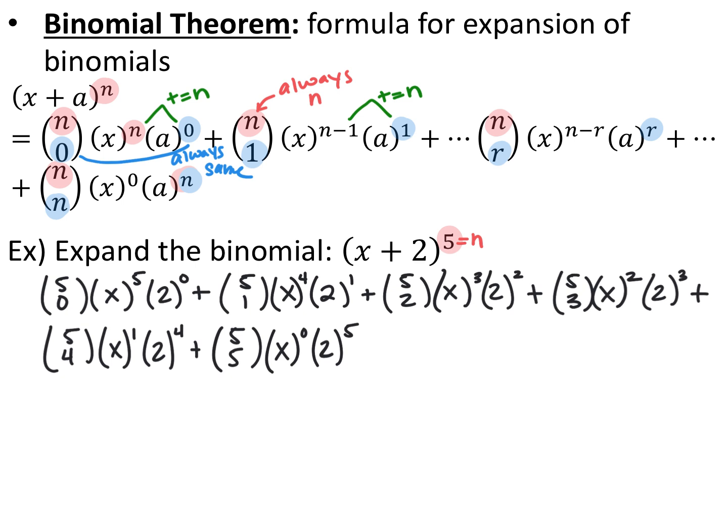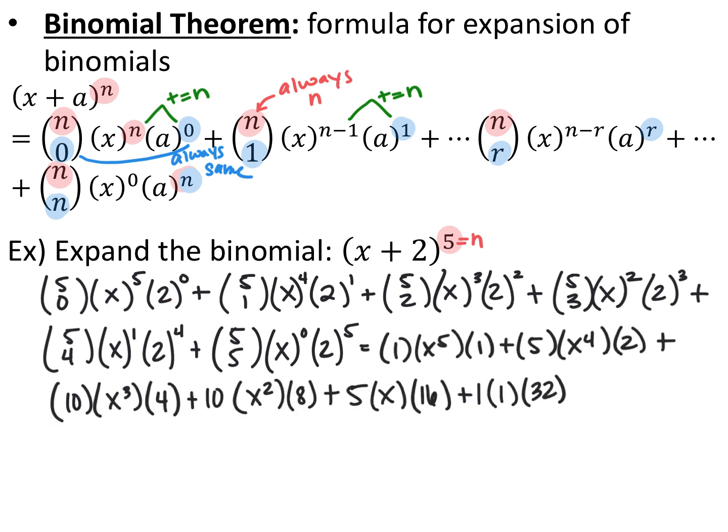So now I'm going to evaluate each piece of these. I'm going to do my 5 choose r, either using the properties of the ones that I know or by using my calculator, and then also multiply in my exponents and all of that. So 5 choose 0 is 1, 5 choose 1 is 5, 5 choose 2 is 10, 5 choose 3 is 10, 5 choose 4 is 5, and 5 choose 5 is 1.